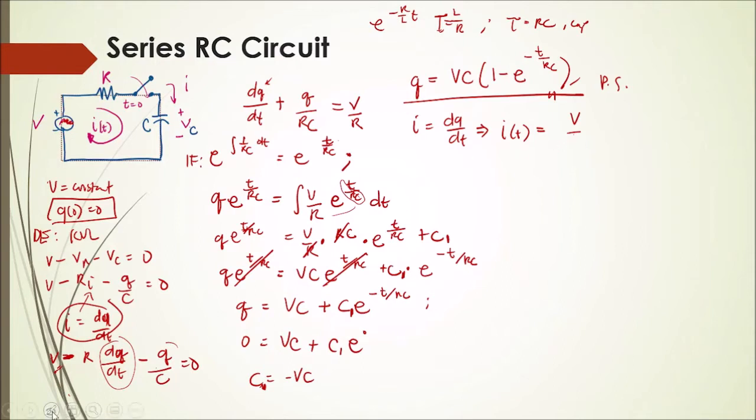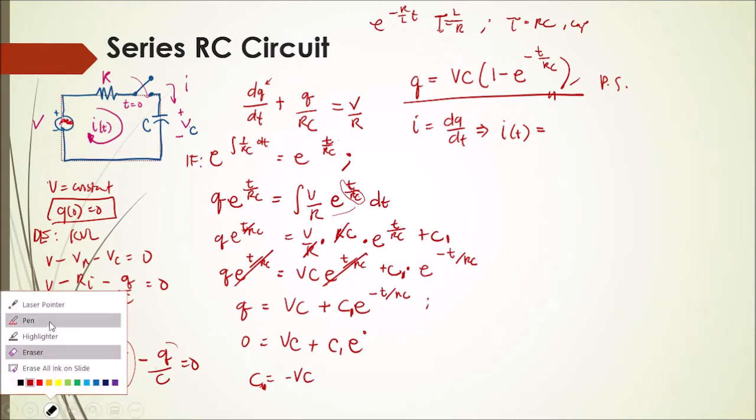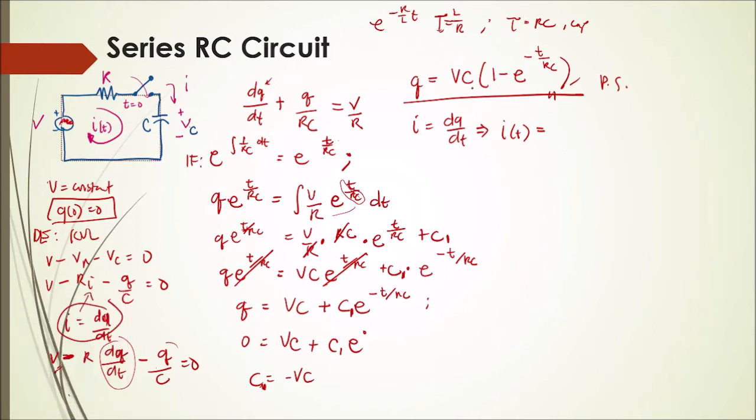No, let's just not shortcut it very shortly, you might get confused. So we copy this, this is constant, so this is VC times the derivative of this one, it's e to the negative t over RC times the differential of this denominator, which is negative 1 over RC.